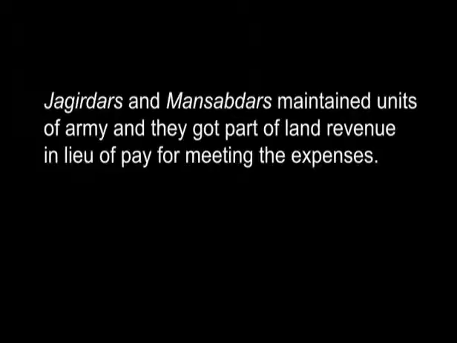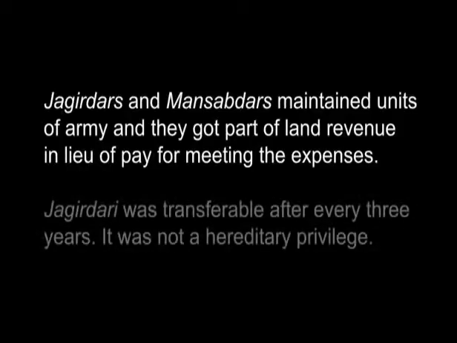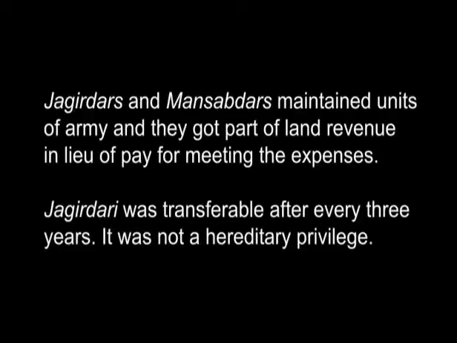The duty of the Jagirdars or the Mansabdars was to maintain units of the army, and they got part of that revenue in lieu of pay for maintaining the vast army. The Jagirs were usually transferred from one Jagirdar to another, with an interval of about 3 years. So since it was transferable, it was not hereditary.